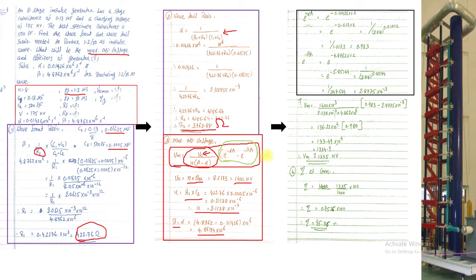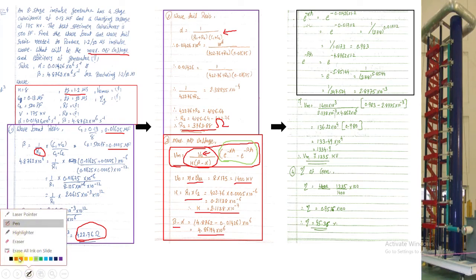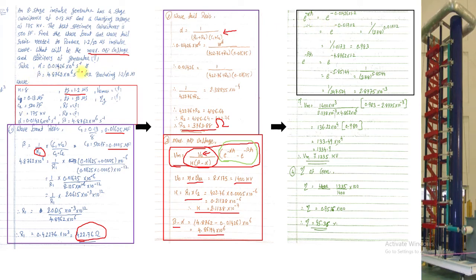So first is e raised to minus alpha T1. Okay, so alpha is given in your data, this value, and T1 is 1.2 into 10 raised to minus 6. So ultimately 10 raised to 6 into 10 raised to minus 6 is cancelled out.